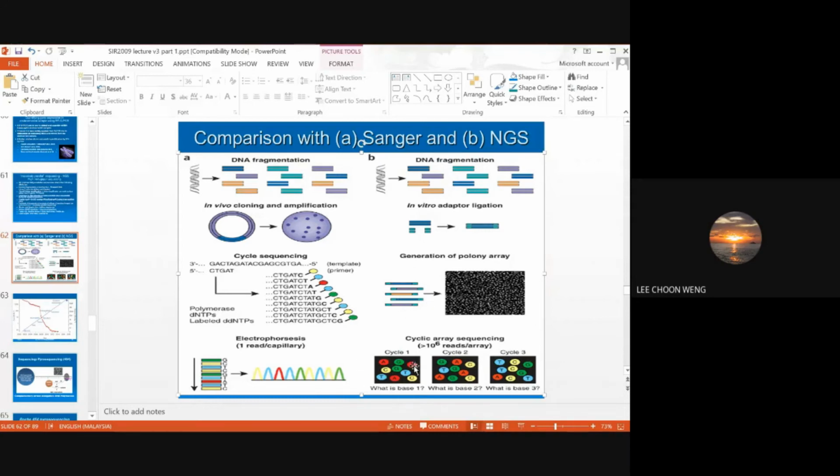So every cycle will see a different strand. Here you only see one sequence from one DNA, but this is massively parallel sequencing. All this sequencing is occurring at the same time. That's the power of the imaging system, and the power of the software that is able to handle the amount of information generated here.